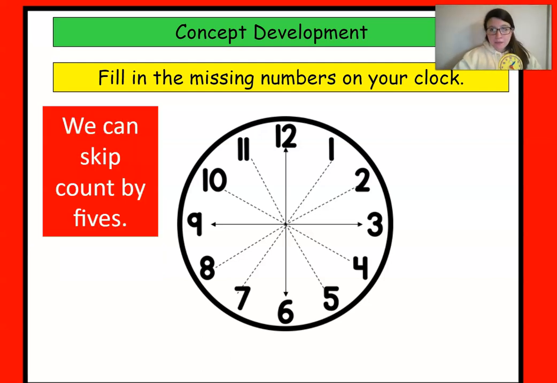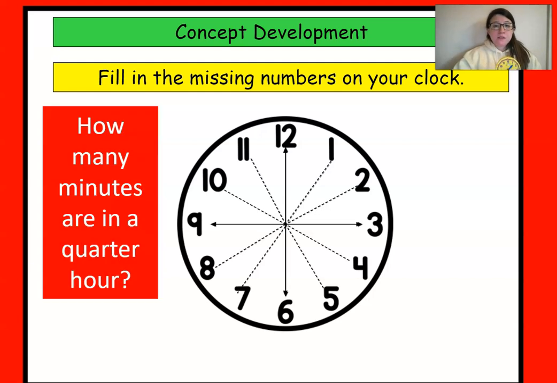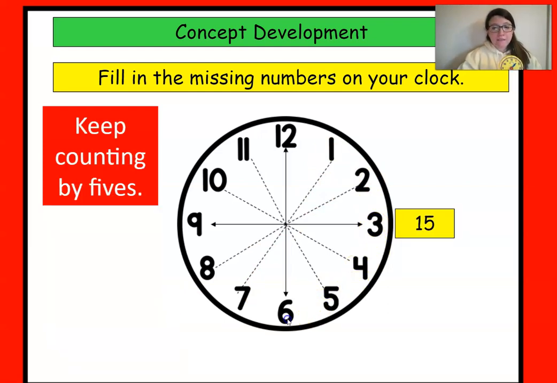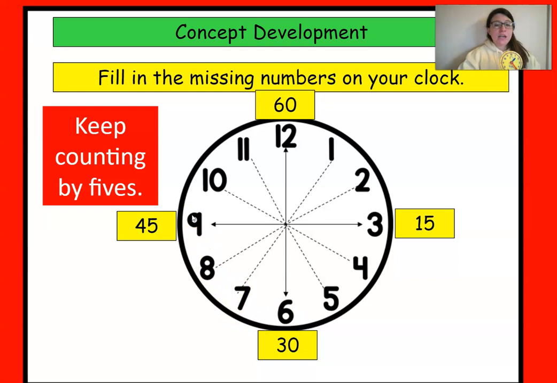So we can skip count by 5s. We can go 5, 10, 15 minutes in a quarter hour, 20, 25, 30 minutes in a half hour, 35, 40, 45 minutes in 3/4 of an hour, 50, 55, 60 minutes in a full hour.